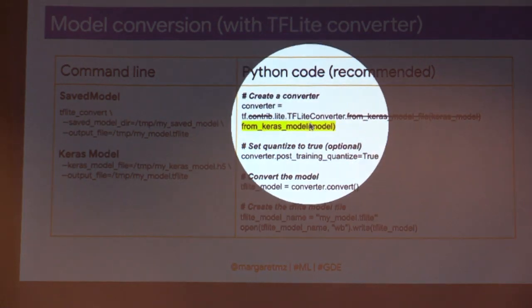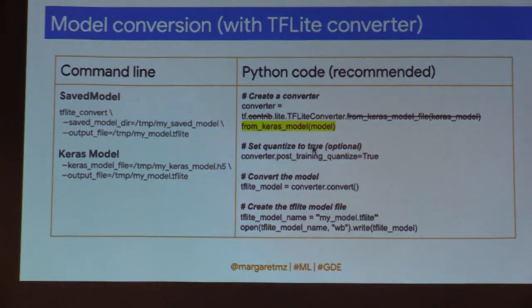One thing I want to point out is that the converter code has changed a lot through the end of 1.x before we went to 2. In some of the tutorials you see online, they have code to save to a Keras model first, then do the conversion. But actually with 2.0, you don't have to do the saving to Keras model part.